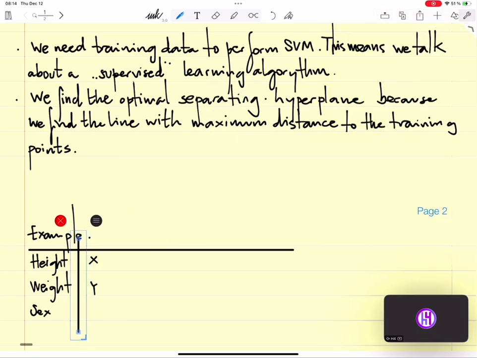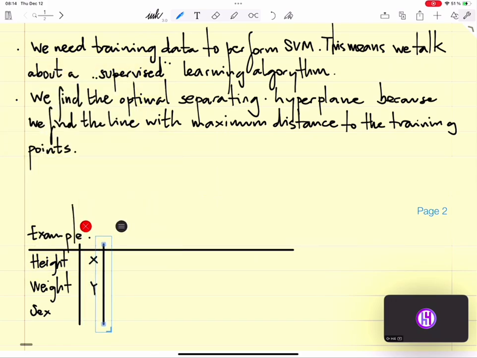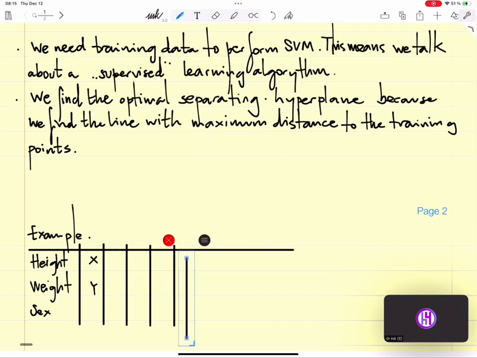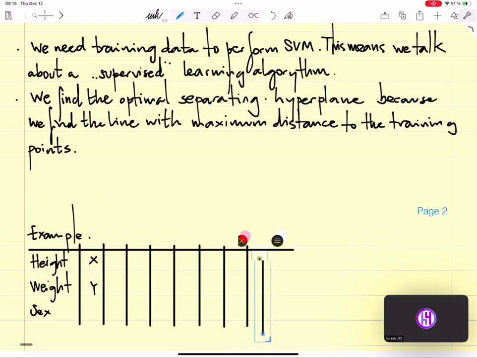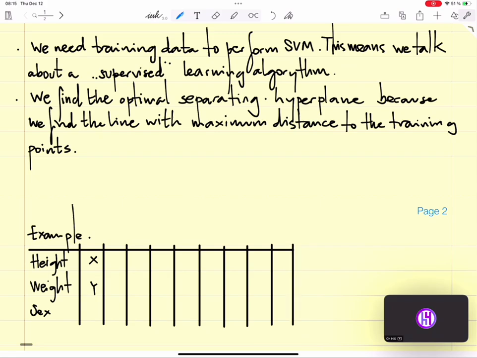So let's say we've got here ten data points: 1, 2, 3, 4, 5, 6, 7, 8, 9 and 10.